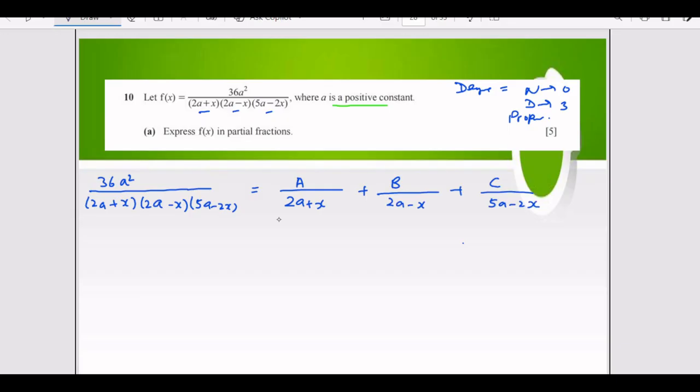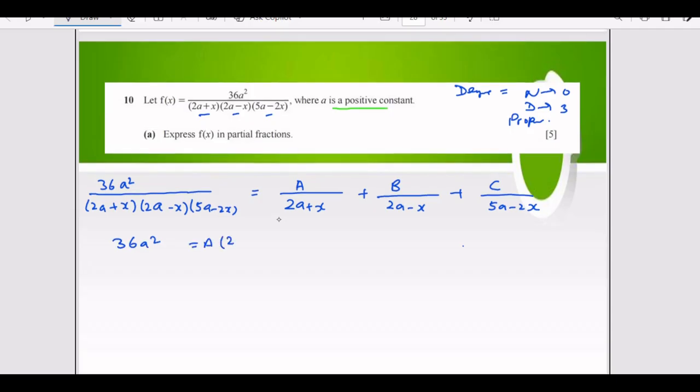Now you cross multiply the denominator, so that we get here 36a squared is going to be A into 2a minus x, because this plus x is going to get cancelled, and we have another factor 5a minus 2x, right? So write this step carefully.